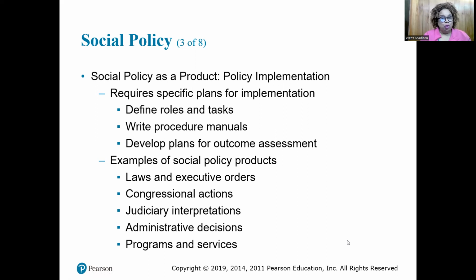We need to make sure that we're looking at it not just from a legislative perspective, but also as we examine it in our agencies and organizations, based on policies and procedures.